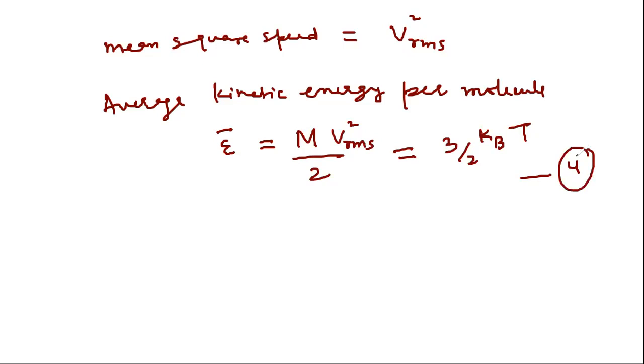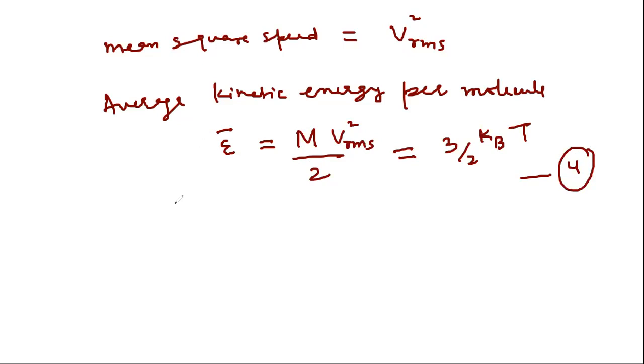Then another thing we want to highlight here is, as you know, the gas is isotropic. That means every direction is the same with regard to the motion of gas molecules. So this gas has no net velocity.